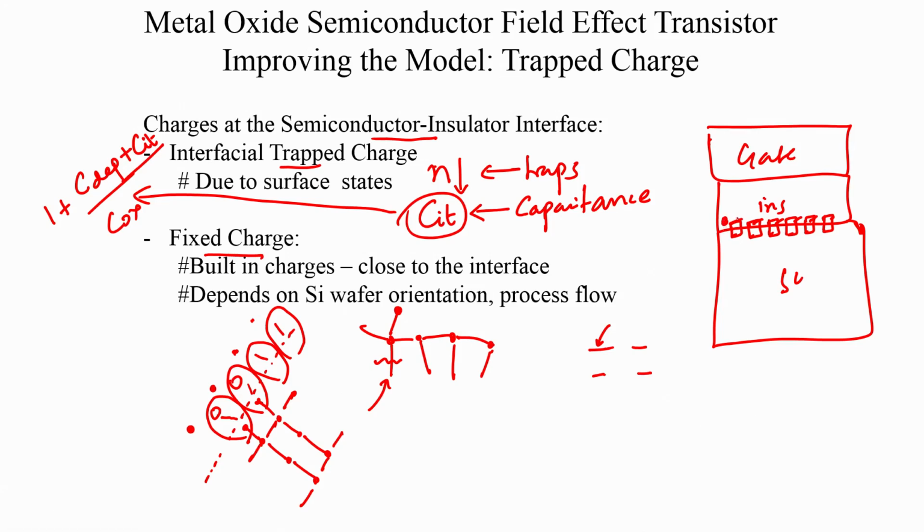These charges occur simply because of the wafer orientation, whether it is a 100 plane at the surface or 111 etc., or the process flow and the temperature at which we had the process flow, etc. So, these are fixed charges, they are not moving anywhere, but they are very close to the semiconductor insulator interface, and they also contribute to the trap charges in the insulator. So, these are the different categories and classes of the different kinds of trap charges you might see in the insulator. Now, what is the effect of all this?